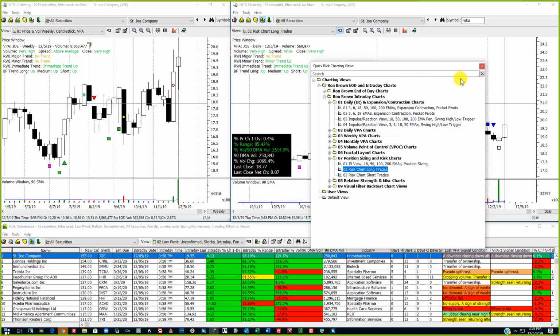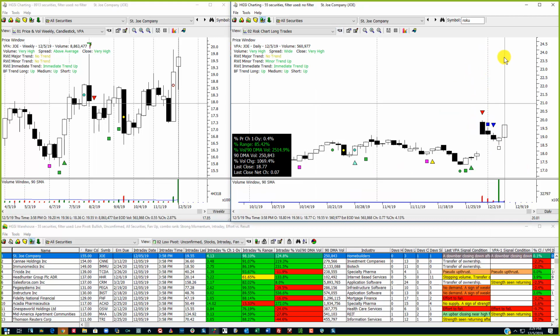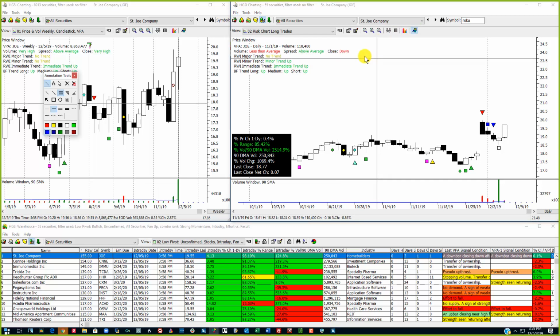If I go to the risk chart for long trades, what it does is it gives me room up above here. Let's say I bought this stock. What am I doing? Alternate A is what I want. I use the keys. If you go to this R right here, this is your risk.